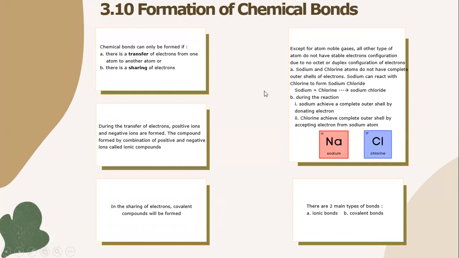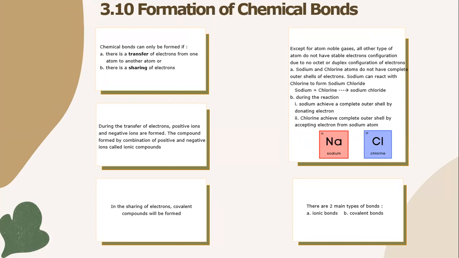Let's look into formation of chemical bond. A chemical bond is a lasting attraction between atoms, ions, and molecules that enables the formation of chemical compounds. A chemical bond can only be formed if there is a transfer of electrons from one atom to another atom, or there is a sharing of electrons.